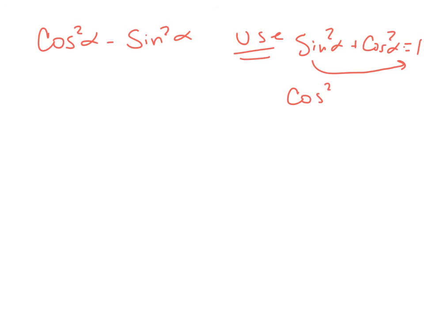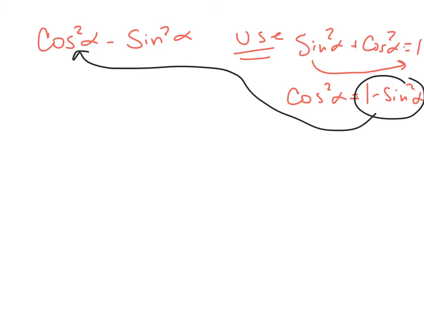So that's the same as cosine squared is equal to 1 minus sine squared alpha. I'm going to take this and plug it in right here. So that's going to be replaced with 1 minus sine squared alpha minus sine squared alpha.